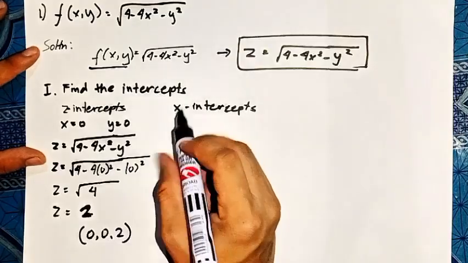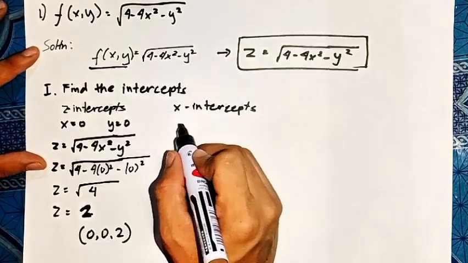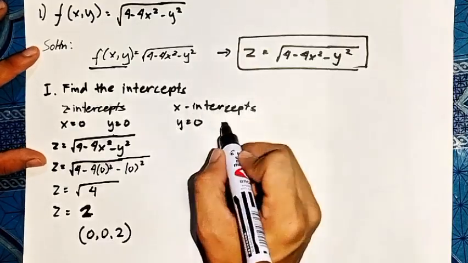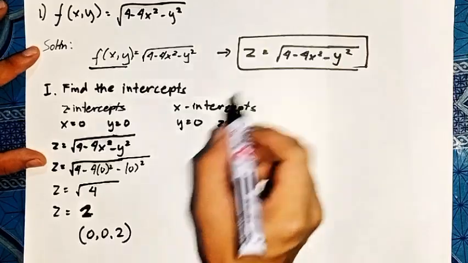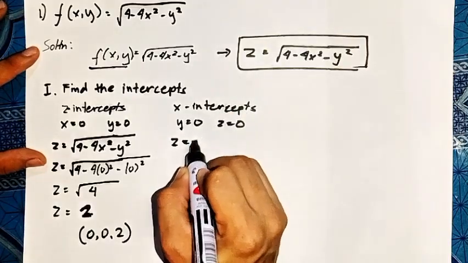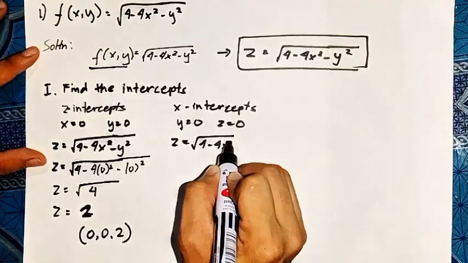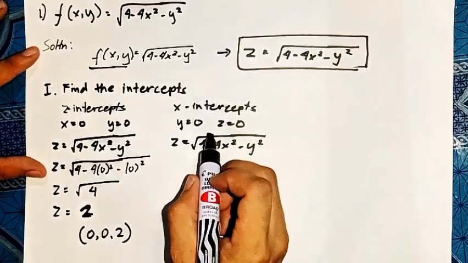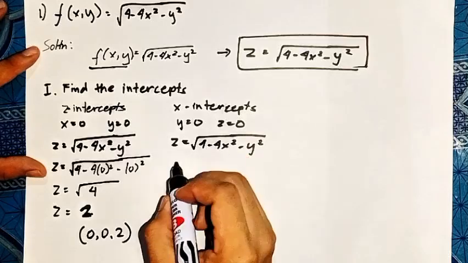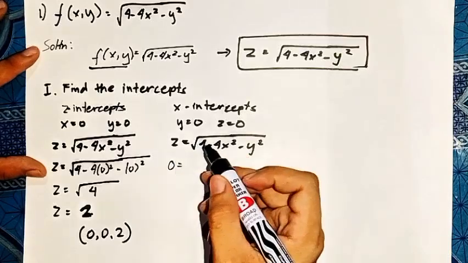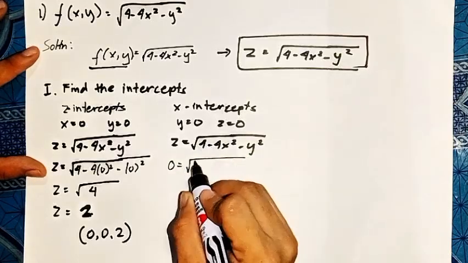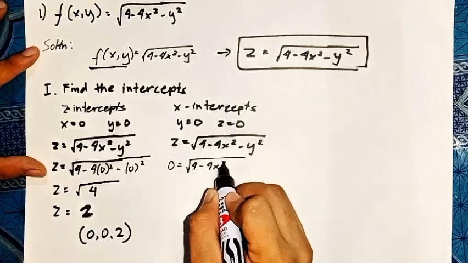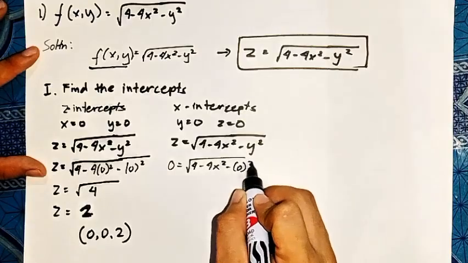Now, in finding the x-intercepts, first we let y is equal to 0 and z is equal to 0. Copy this function. z is equal to the square root of 4 minus 4x squared minus y squared. Now substitute the value of y and z into our function. We have 0 is equal to the square root of 4 minus 4x squared minus 0 squared.